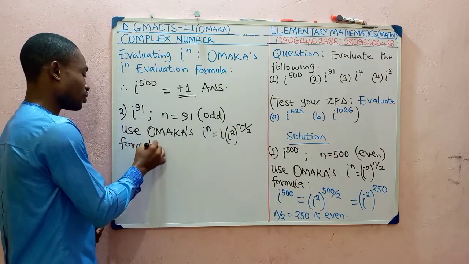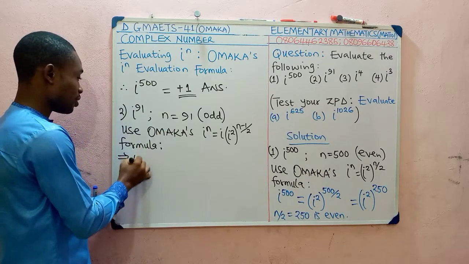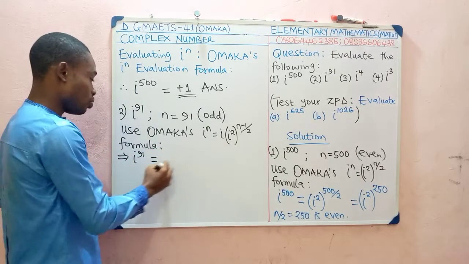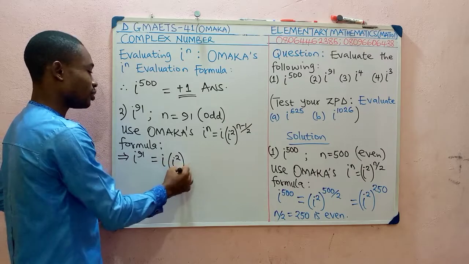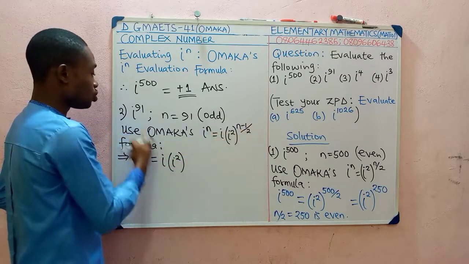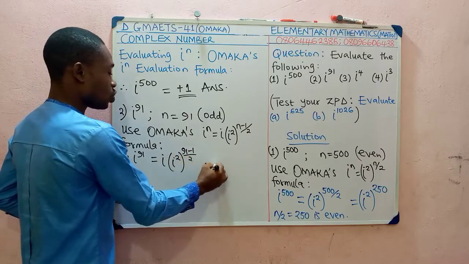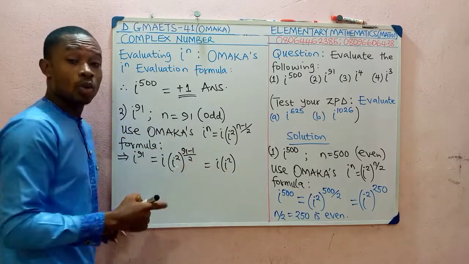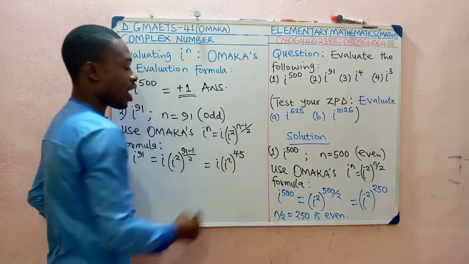Then with the formula, it implies that i raised to power 91 will be equal to, you pull out i, open bracket, i squared raised to power n minus 1 over 2. n there is 91 minus 1 divided by 2. This will be equal to i squared raised to power 91 minus 1, which will give us 90. 90 divided by 2 is 45.